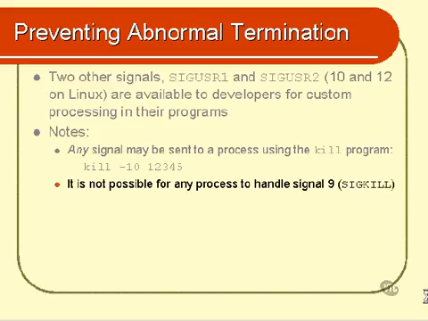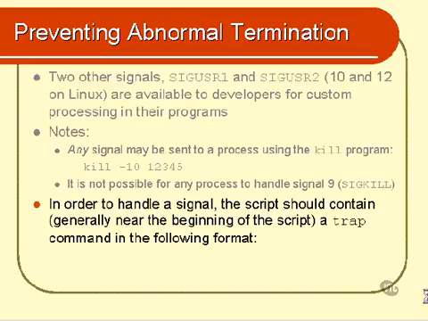So, now we get to the point where I actually tell you how to handle these signals. And here it is. We use the trap command, which is an actual shell built-in command. You typically put it at the beginning of the script rather than halfway through, because the handling of the signal will not take effect until the trap command has been run. And it looks like this.